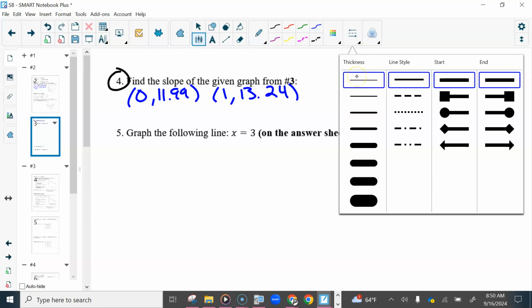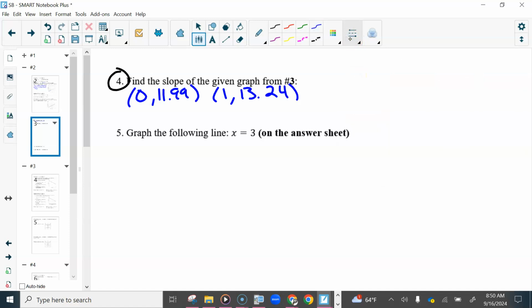So then to find the slope, since I have those 2 points, I'm going to use my slope formula. 13.24 minus 11.99 over 1 minus 0. And then we're going to calculate that.